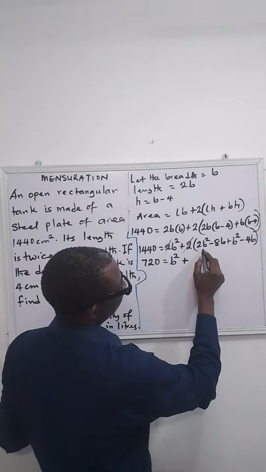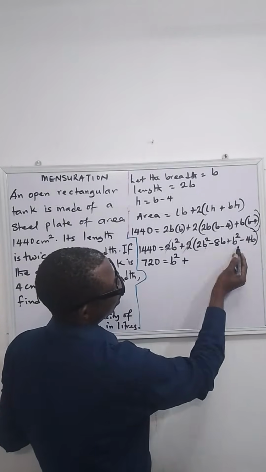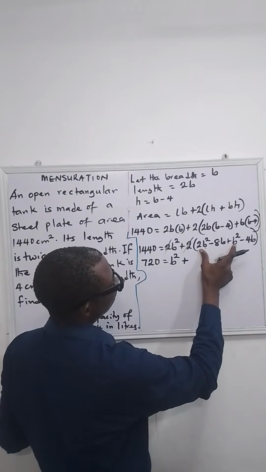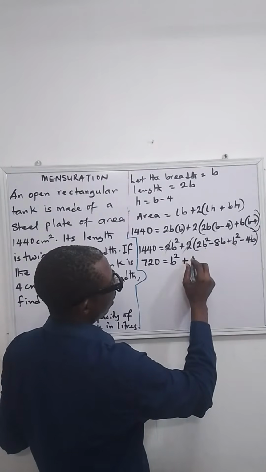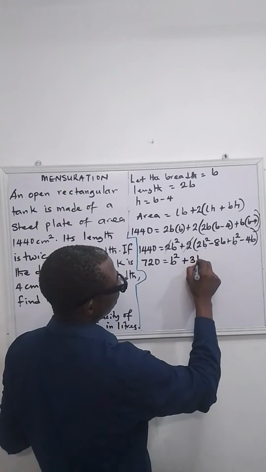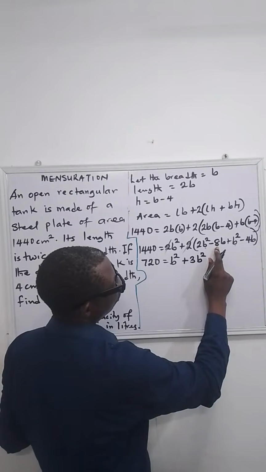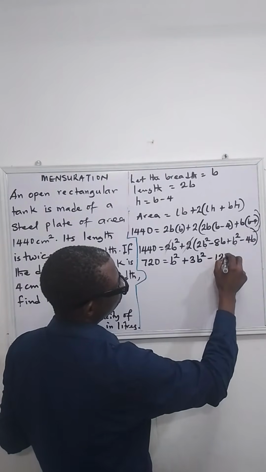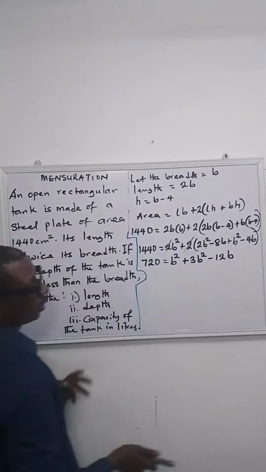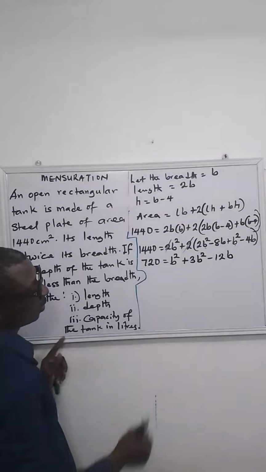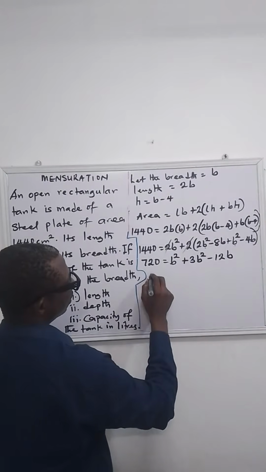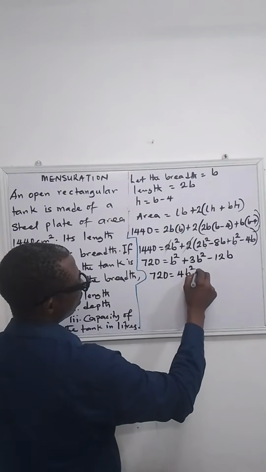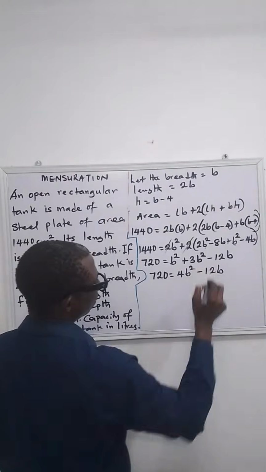So now look at this. We have 2b squared and another b squared, making how many b squared? So we have 3b squared. Now when you join this and this together, what does it give you? We have negative 12b. Now can we tidy up this? So we have 720 equals 4b squared minus 12b.